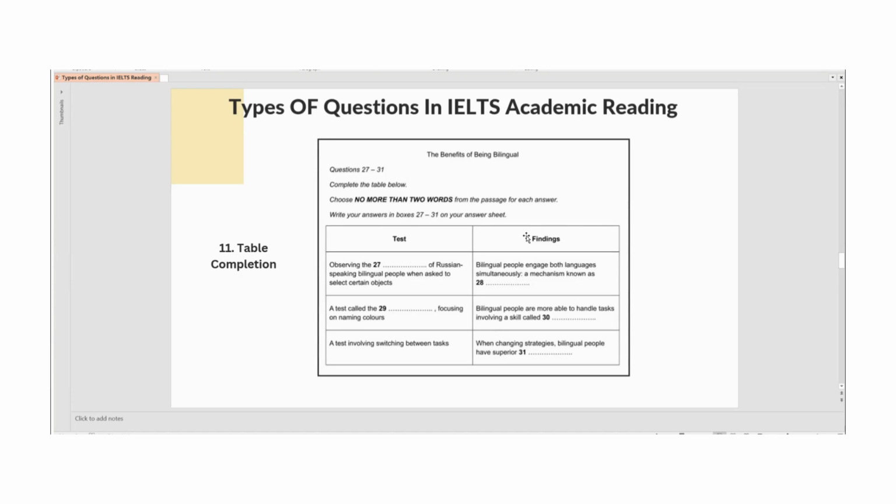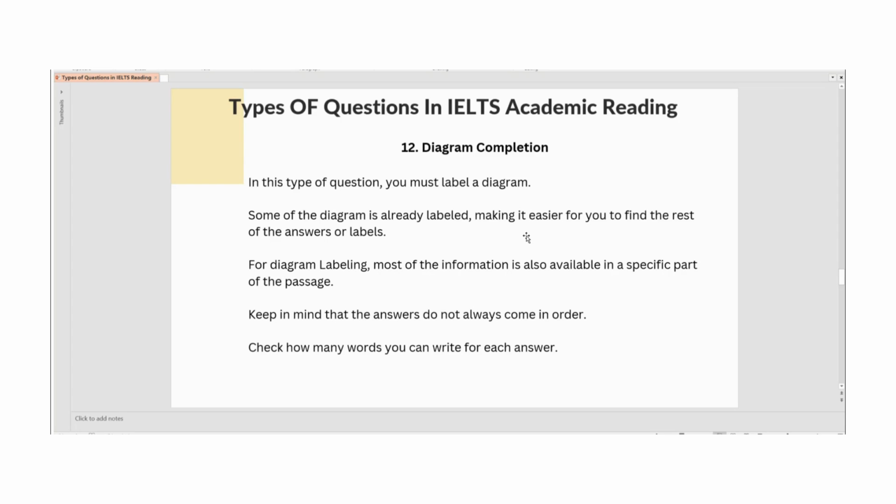So moving on to the 12th point, diagram completion. In this type of question, you must label a diagram. Simple as that. You will be provided a diagram and the diagram will be partially labeled, and your job is to label the rest of the diagram, or to fill in the blanks, or to answer the questions mentioned in the diagram.